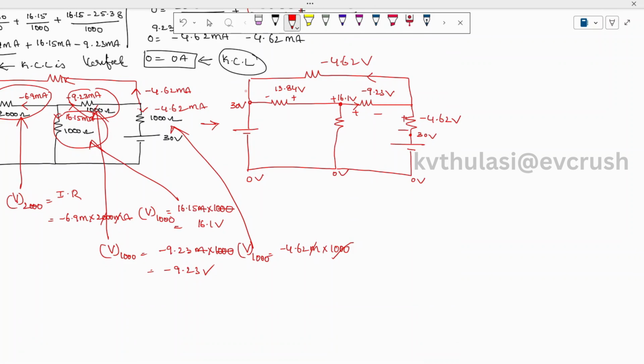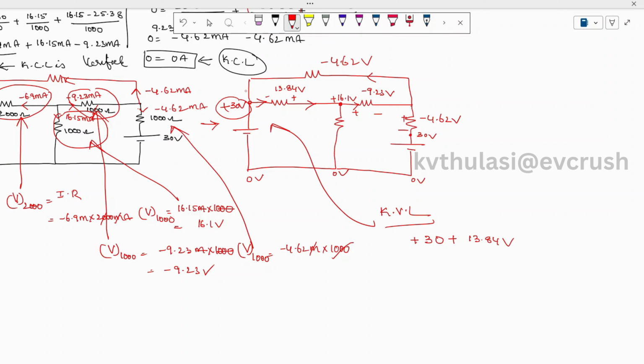So see here, current is leaving for the leaving polarity of the voltage. Let's try to apply Kirchhoff's voltage law. Current is leaving for the leaving polarity of the voltage is plus 30. Current is flowing like this. So here the leaving terminal is plus. So this is a plus 13.84 volts.